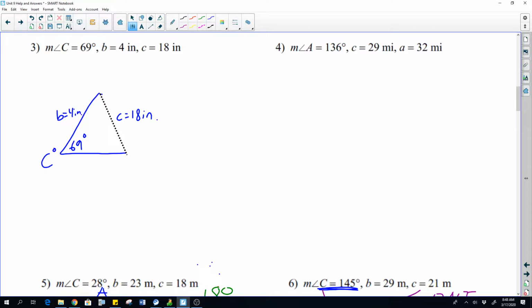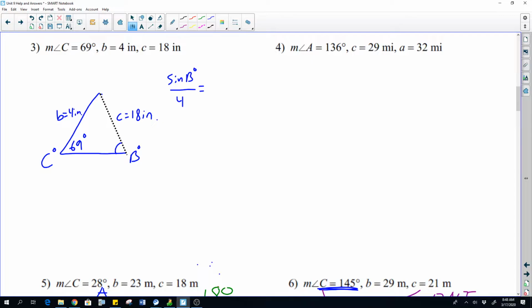Okay. So first, we just go ahead and try to find this little angle down here. And that's the angle across from the angle they gave us. That's going to be across from little b, which is big B. So we'll do sine of angle B over little b, which is 4, so small compared to the 18 inches.